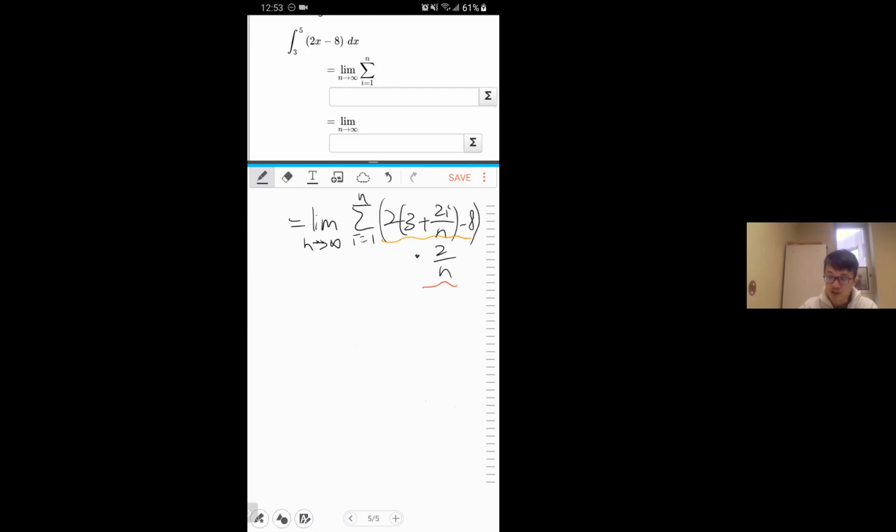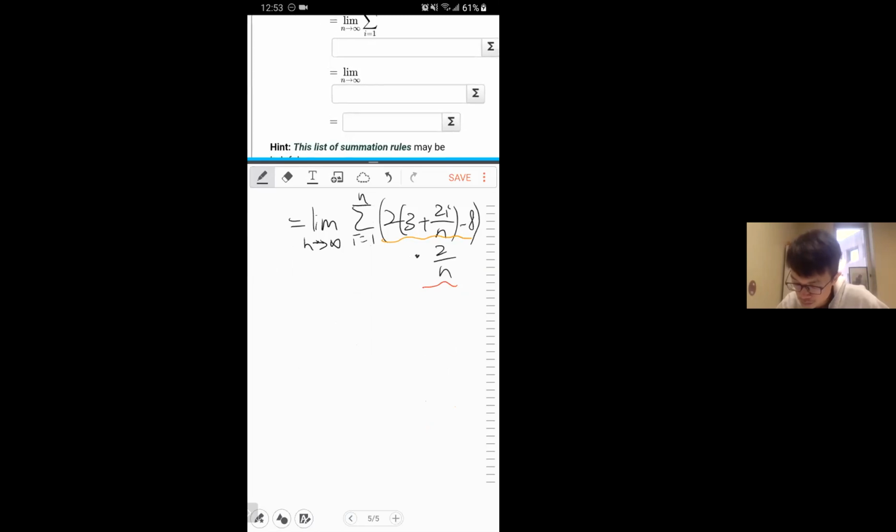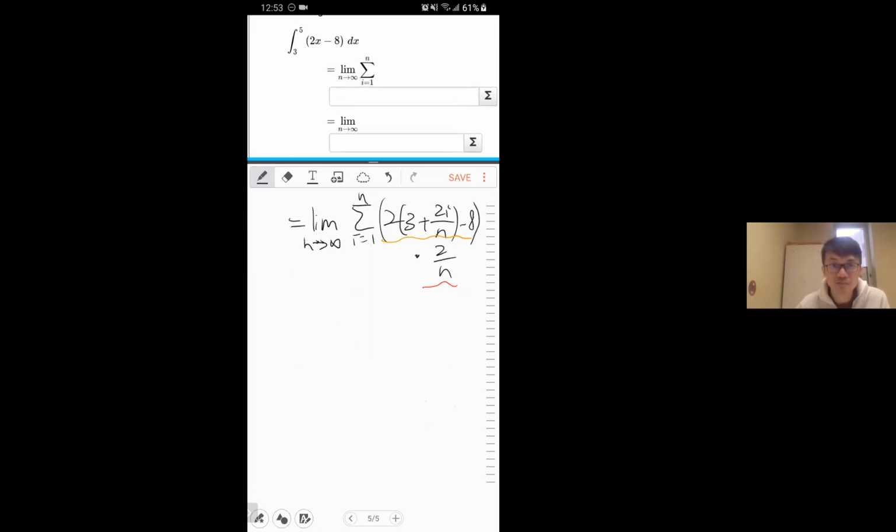And then according to the formula, I also need to multiply by the width, which is 2 over n. Any questions before we go on? So that's the first entry that you're gonna put in.